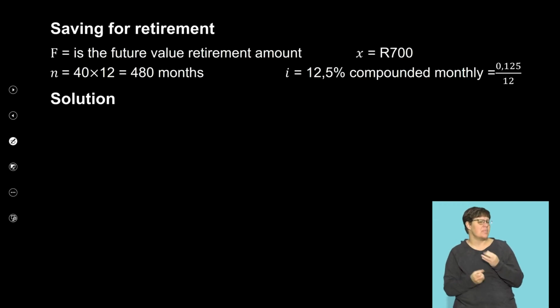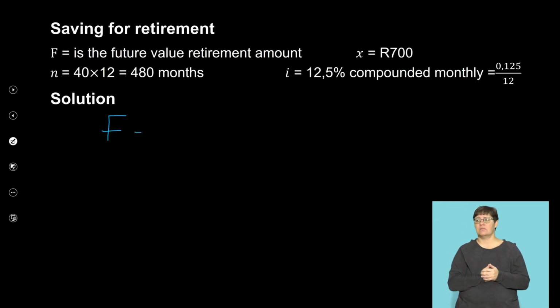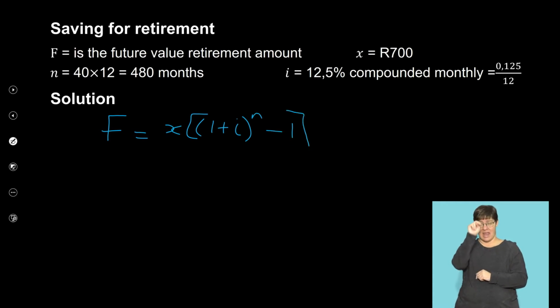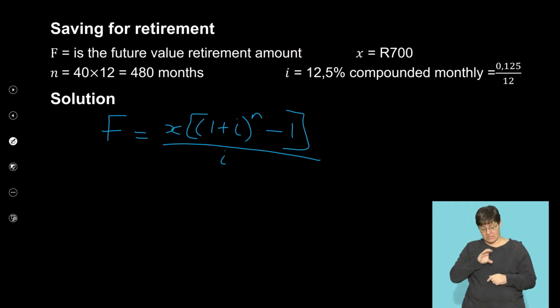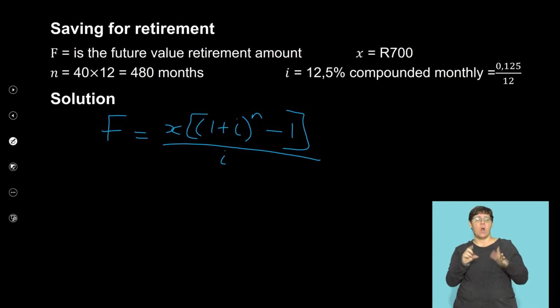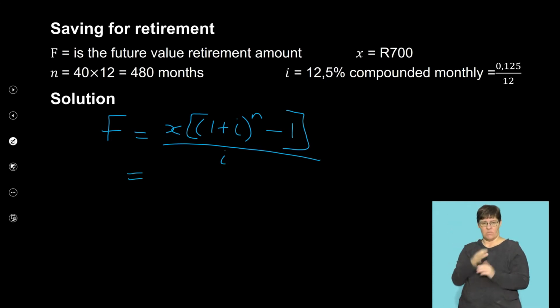So to calculate this, we will say F is equal to X into 1 plus i, remember the formula, to the exponent of n, minus 1, all of this divided by i. I really advise you to start by writing the formula down. This is important. It also guides you on what you need to do after that. Now, I know I'm looking for the F, so I'm not substituting anything there.